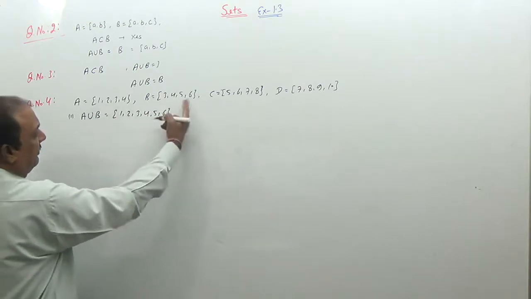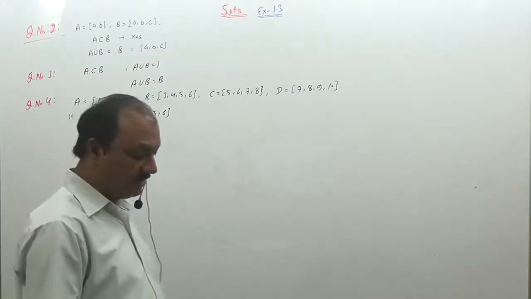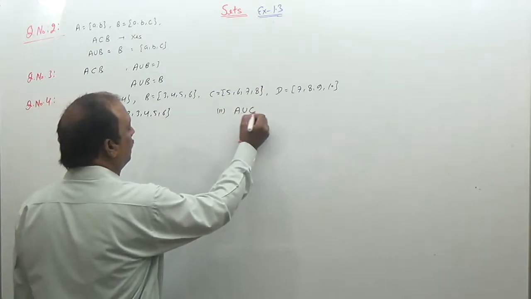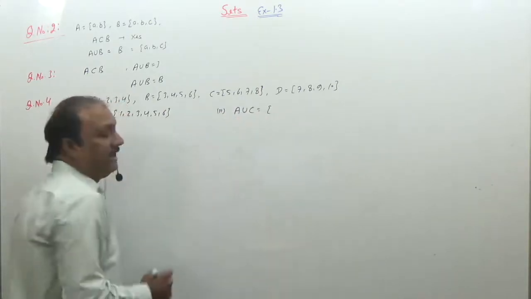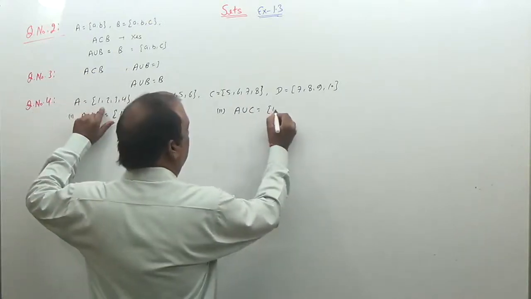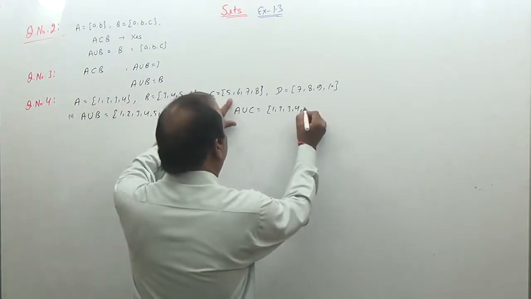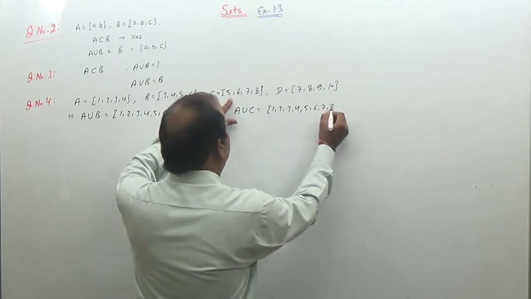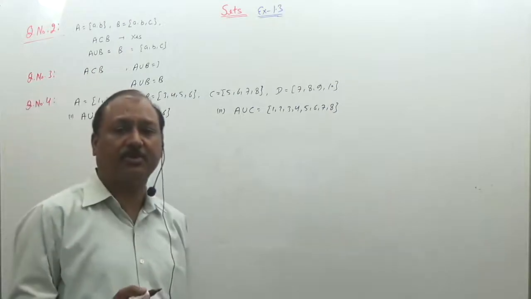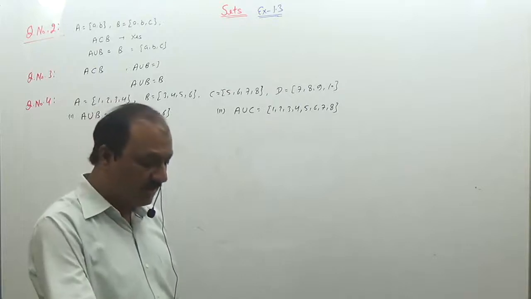All its elements come into this set, so this one is A union B. Second part is A union C. A union C is the set which contains all elements of set A, 1, 2, 3, 4, as well as all elements of C, 5, 6, 7, 8. So this is A union C, in which you get all elements of A and all elements of C combined to form one set. This one is called A union C.